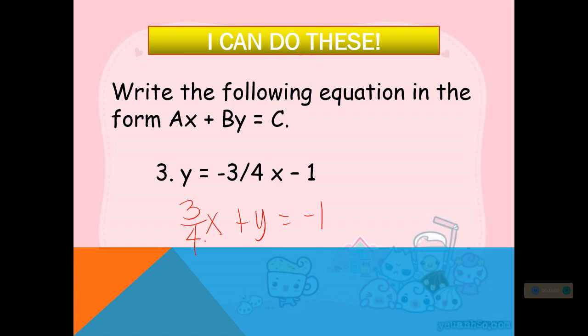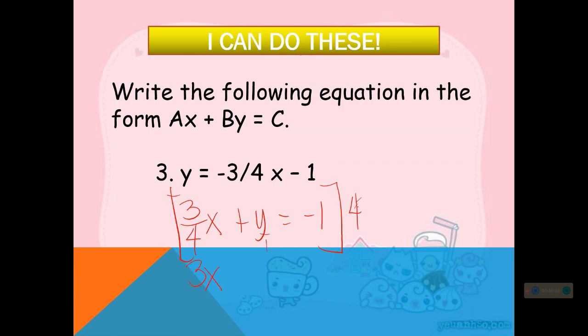But, yes, since we have a rational number, you are going to multiply all the terms of the equation by the LCD. What is the LCD? Yes, we have here 4. So, we can have 4 divided by 4 is 1 times 3 times x is 3x.